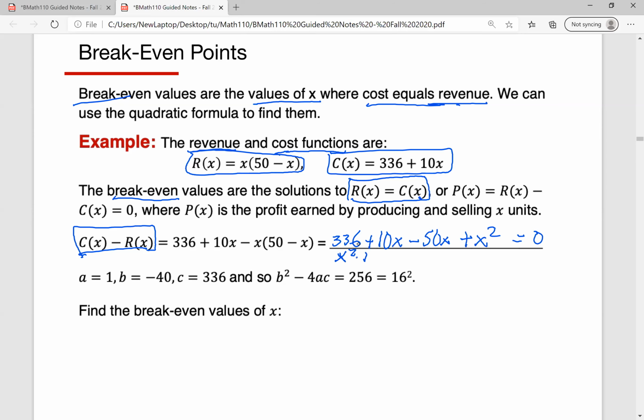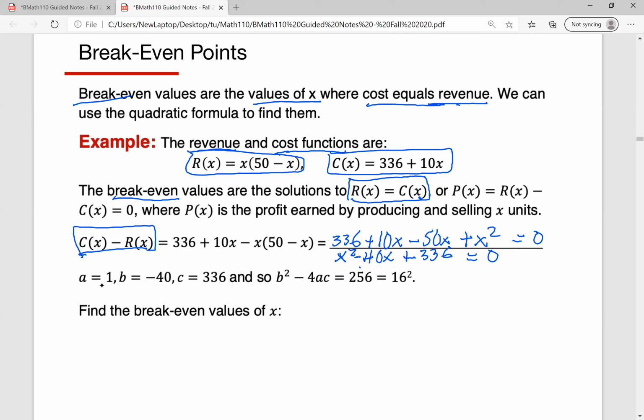I minus 40x, because 10x minus 50x will be negative 40x, and then plus 336, and then I got equal 0.